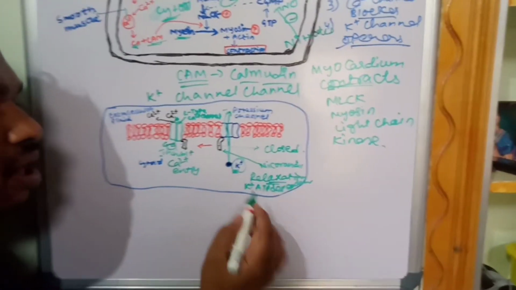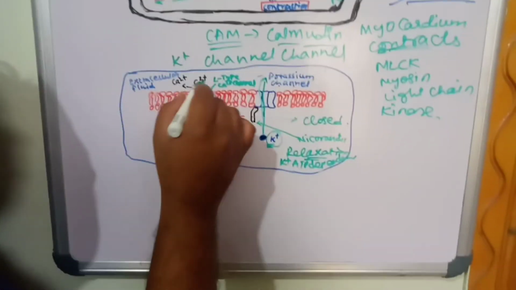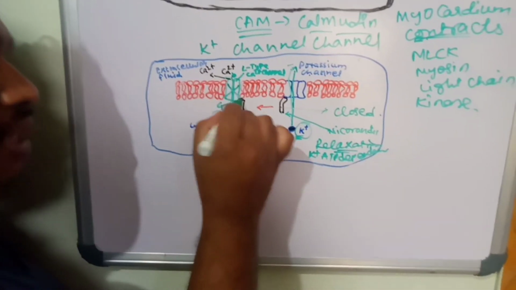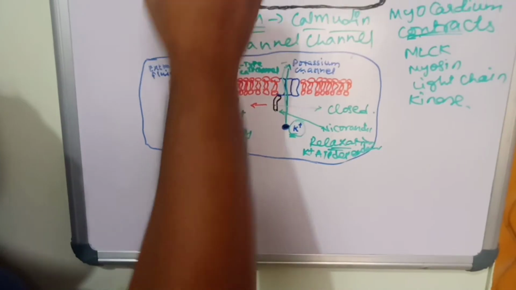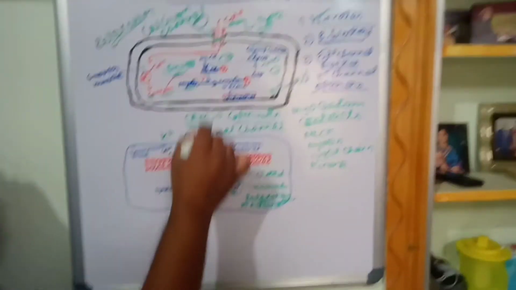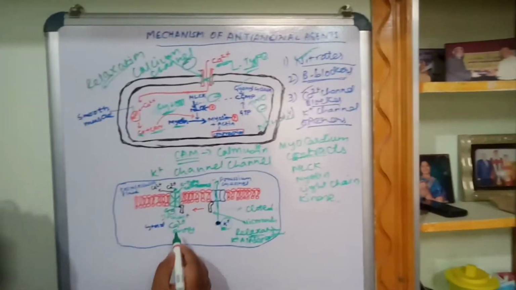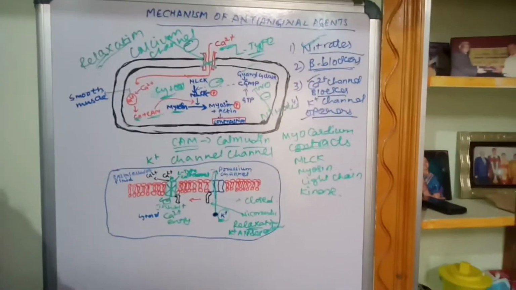Potassium inside the cell goes outside the cell. Calcium which used to enter the cell previously is blocked. We have seen in the previous mechanism that calcium inside the cell caused contraction. Now inhibition of calcium entry takes place.